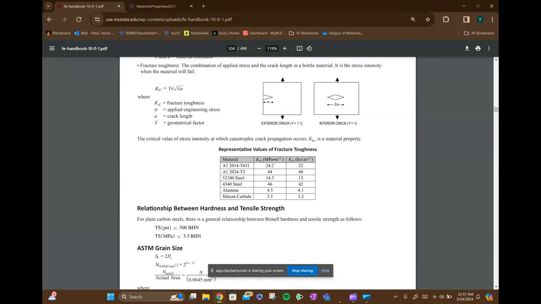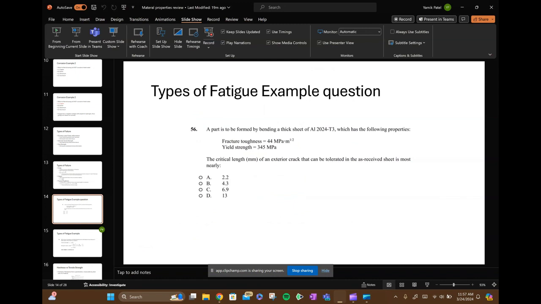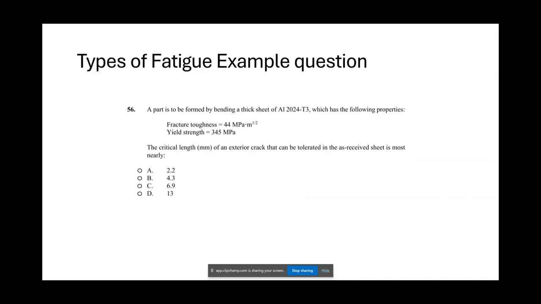In the handbook, we have our 2024 aluminum, as mentioned before. And then our exterior crack is, as I mentioned, in this case, Y is going to equal 1.1 rather than an interior crack where Y would equal 1. So keeping that in mind, we'll work through this question diligently.